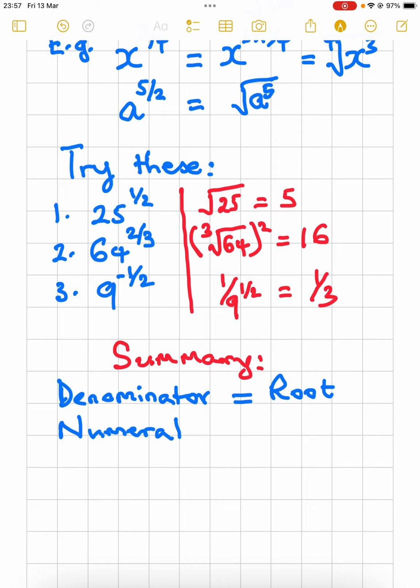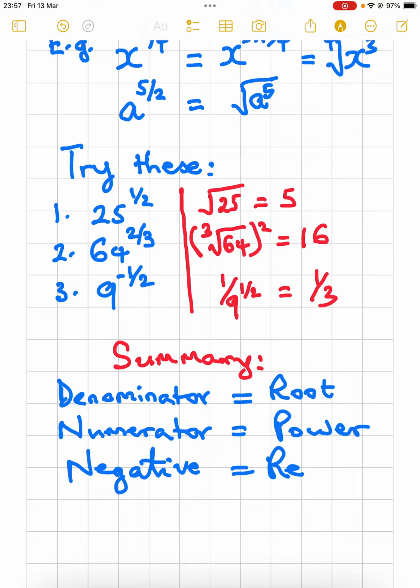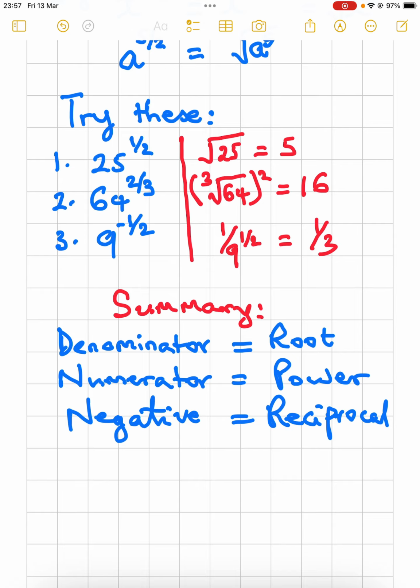Numerator determines the power. And negative indices means reciprocal. Fractional indices are simply roots written in power form.